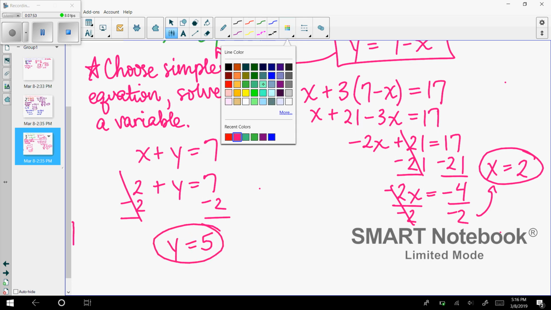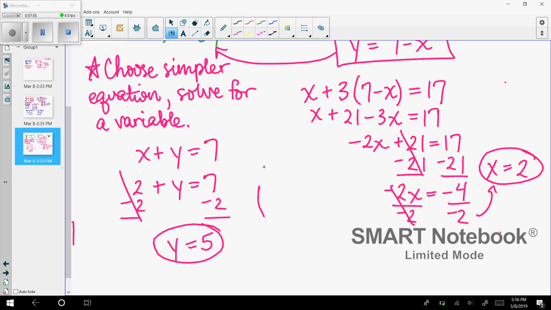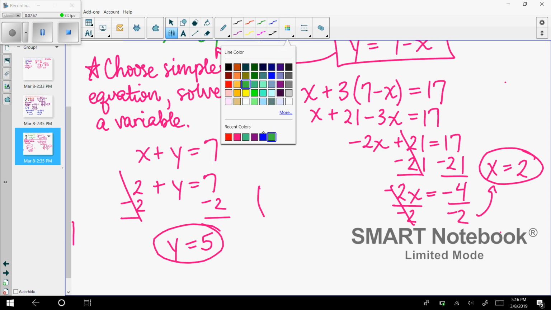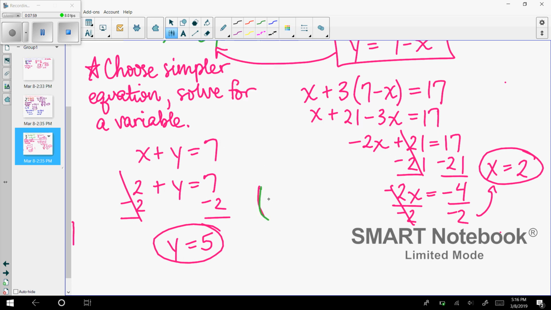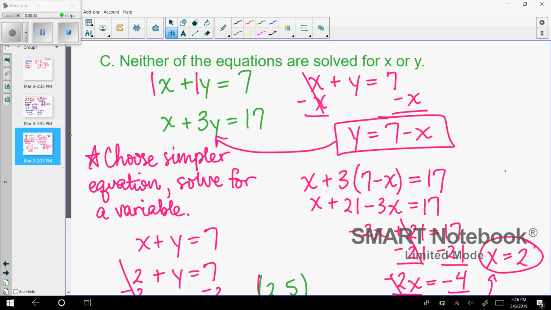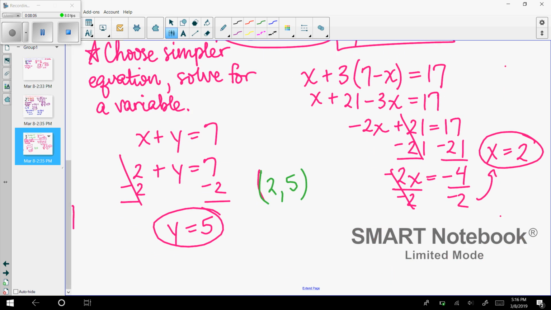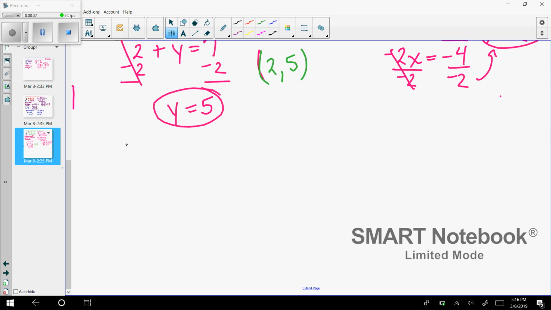So now I know that my ordered pair is 2, 5. And if I'm checking with my original equations, which we know we have to do, that was x plus y equals 7 and x plus 3y equals 17.